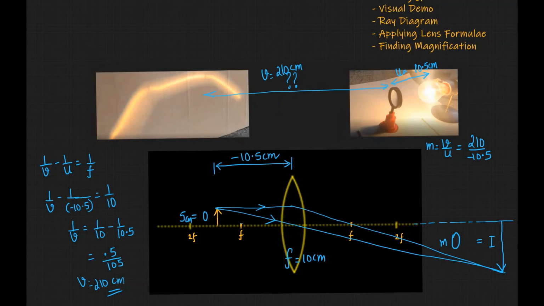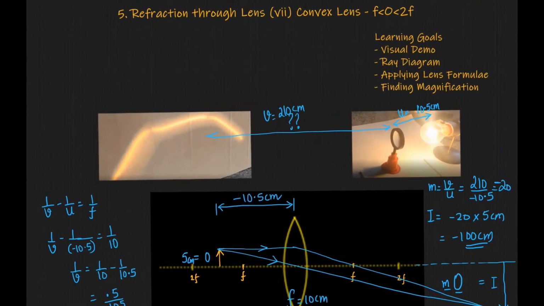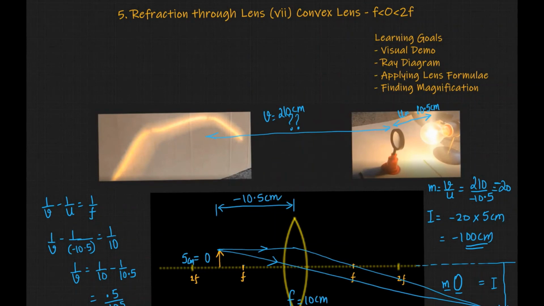So the magnification is 20, or rather minus 20. So your image height would be equal to minus 20, which is magnification, into object height, which is 5 centimeters. That's minus 100 centimeters.